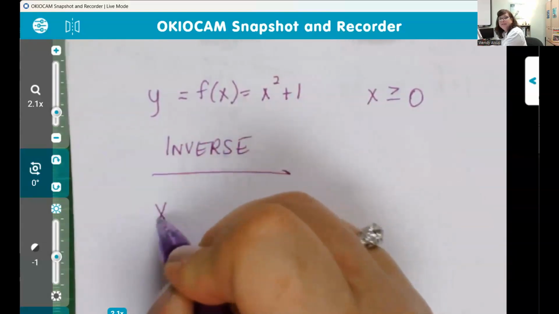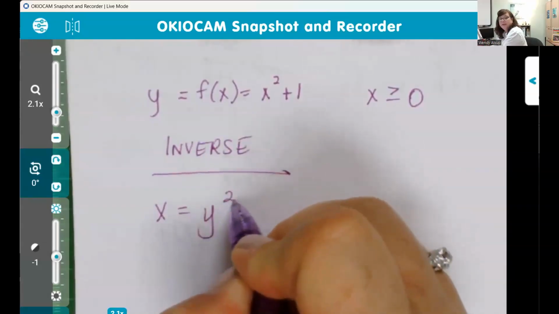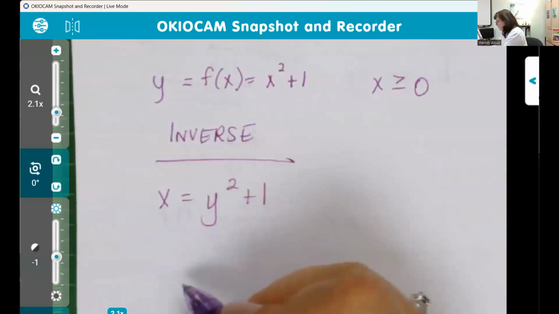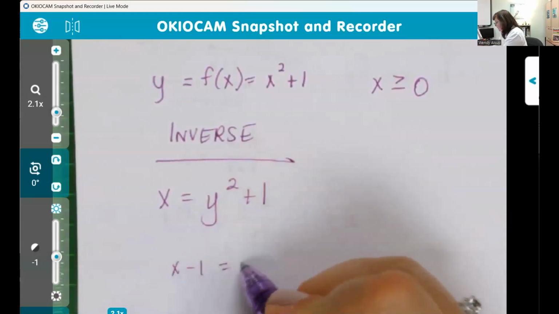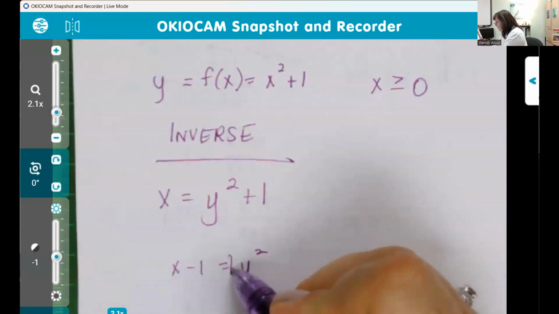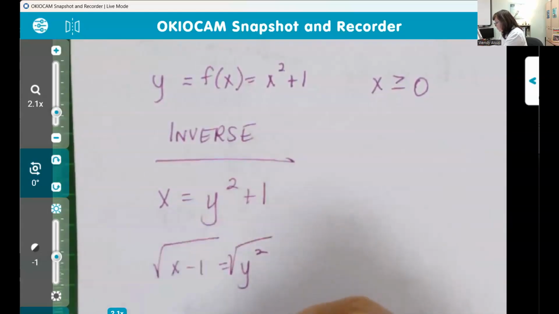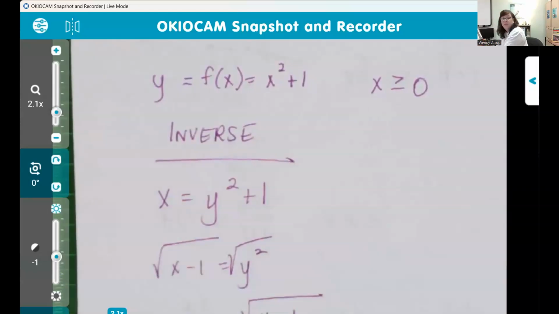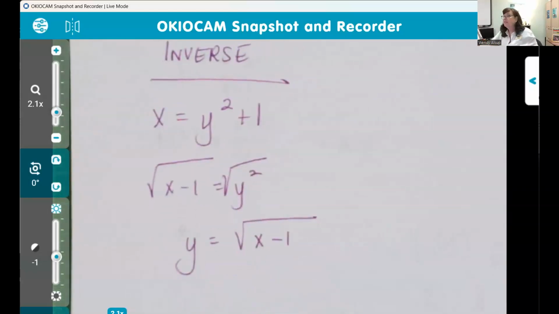So now I've got x equals y squared plus 1. Let's subtract 1 from both sides. That's going to equal y squared. We're going to take the square root of both sides, and we get y equals square root of x minus 1. I believe for this one, we are only going to take the positive root.